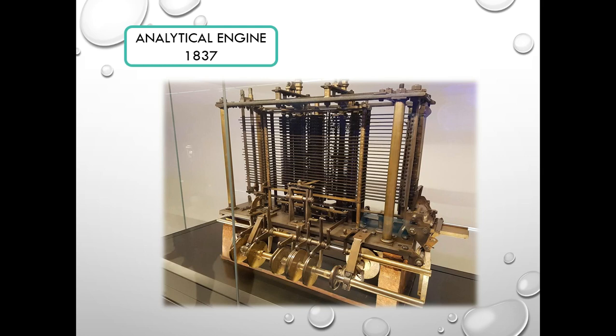It was the world's first general purpose computer that had 5 units: input, output, store, mill and control. All the computers used nowadays are based on this machine. Input and output units are used to enter data and display results respectively. Store is used to store data, mill is used to perform calculations, and the control unit is used to control the overall working.